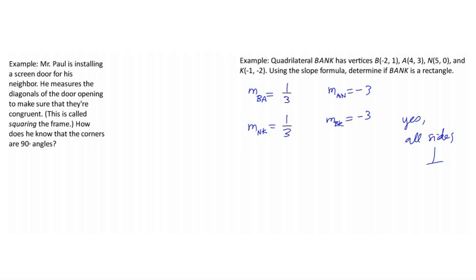Because these two are perpendicular, you can see that angle K is a right angle, and because these two are perpendicular, you can see angle B is a right angle. So it is 4 right angles, and therefore it is a rectangle. I will remind you at this point that slopes of perpendicular lines are opposite reciprocals. That's how we know these lines are perpendicular.